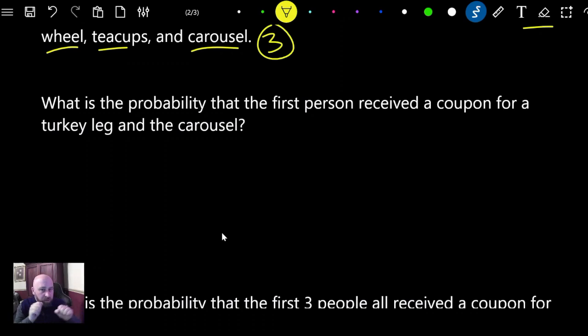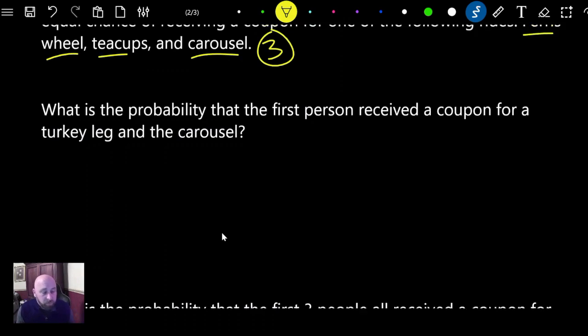Let's say that you get a turkey leg. Well, that doesn't change whether you get a Ferris wheel or a carousel, that doesn't change your ride coupon, okay? So the food is one thing going on, and the rides are a secondary thing going on, independent of each other, okay?